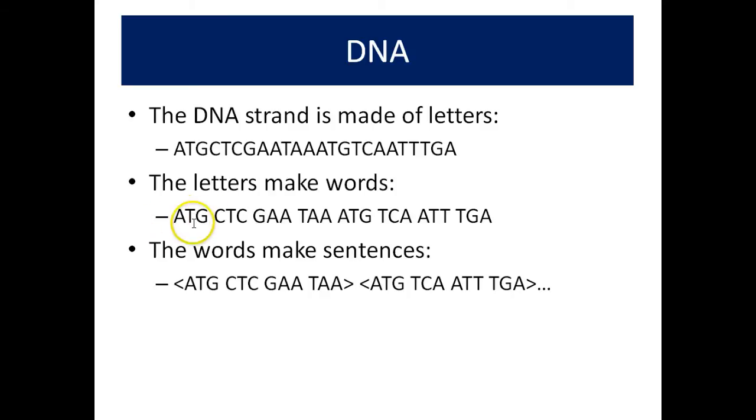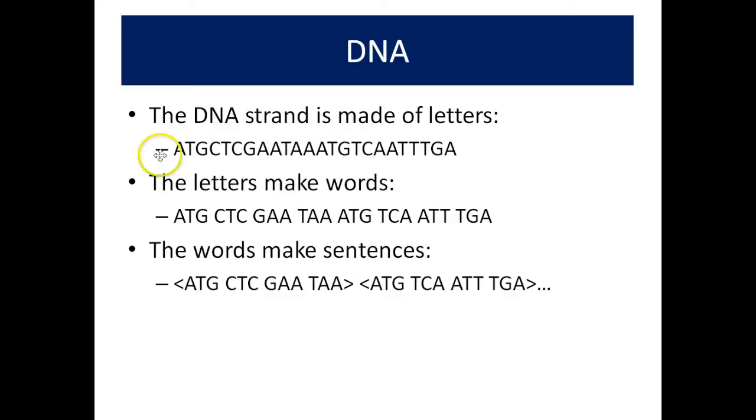And each of these words then make up sentences. So here you have a sentence of DNA sequences, and these sentences you can think of as genes. Each of these genes will code for a particular protein.